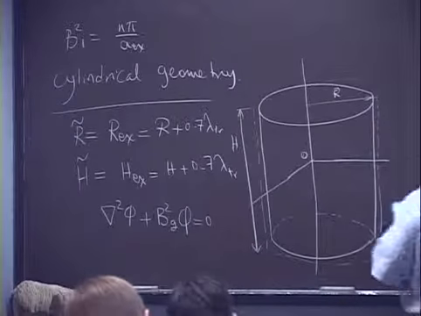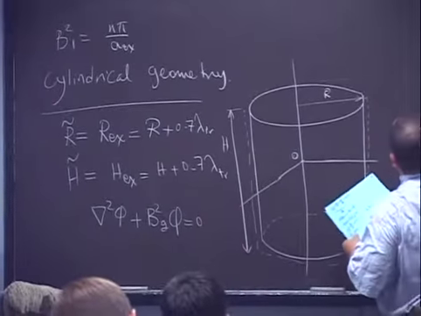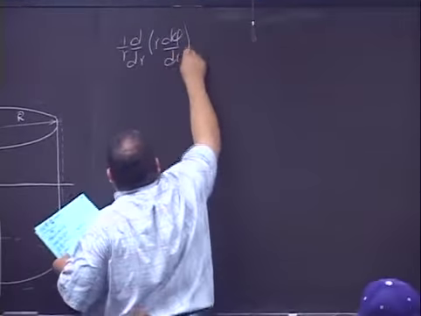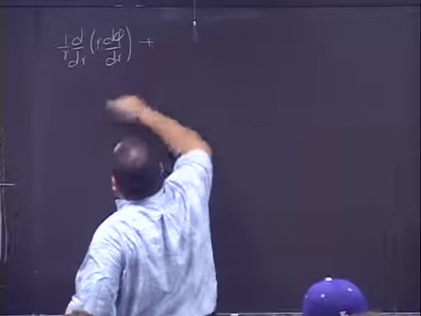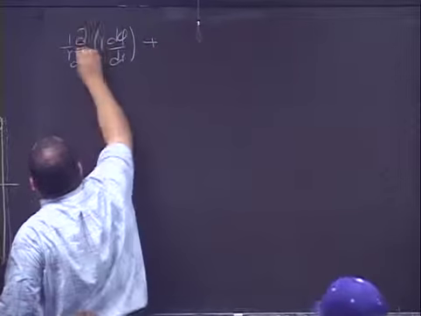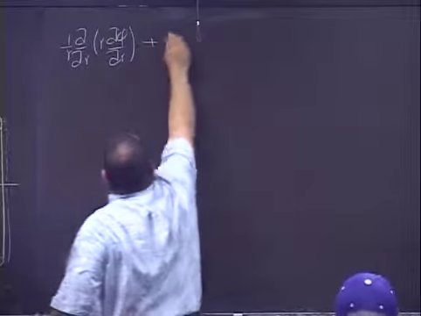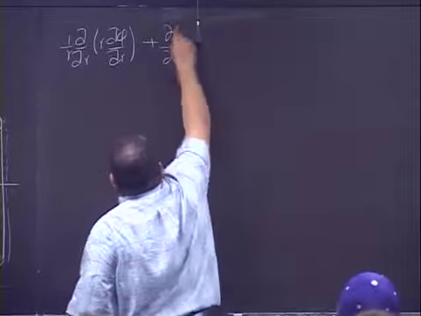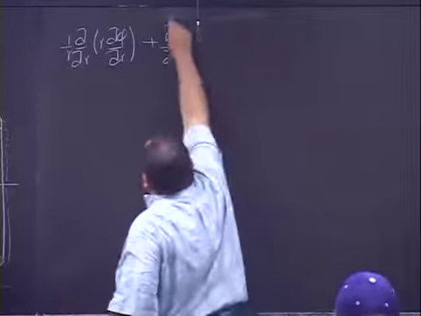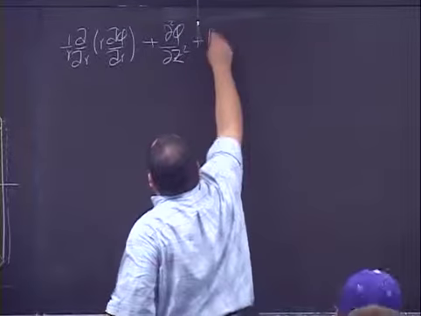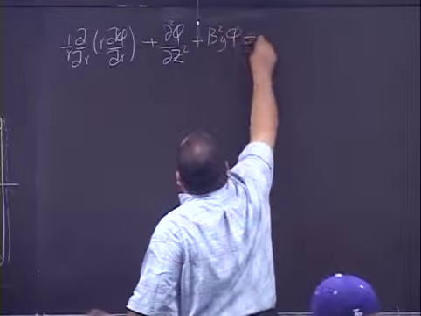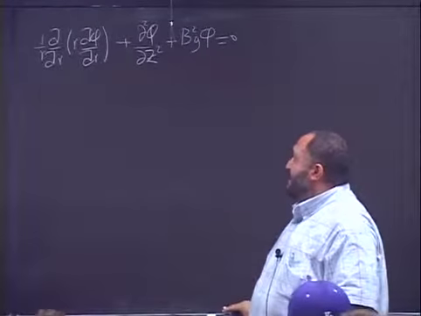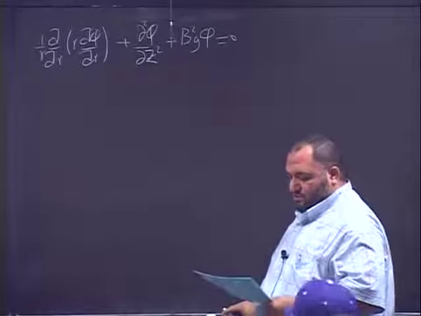Again, we will expand the nabla squared: 1 over r d by dr of r d phi by dr, plus, of course, a partial differentiation in z, since now I have a dependence on z also, d squared phi by dz squared, plus B squared g phi equal to 0. So this is a partial differential equation in 2 dimensions, z and r, and I want to solve this equation.